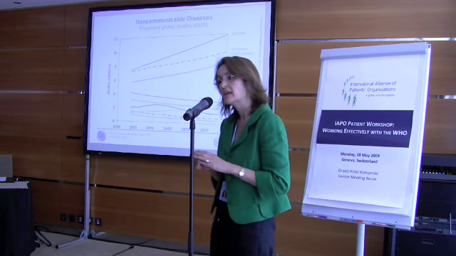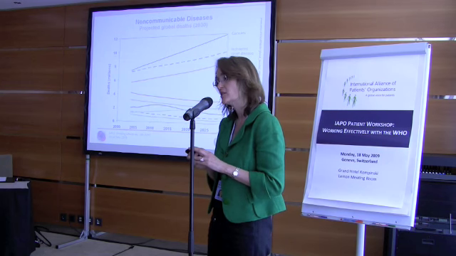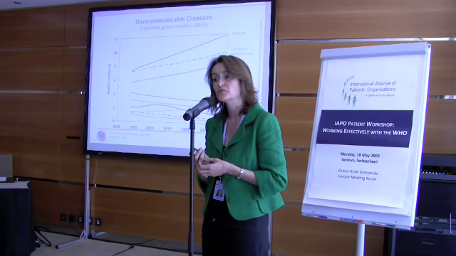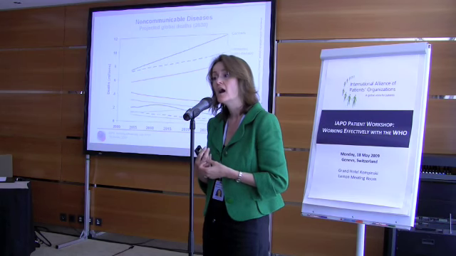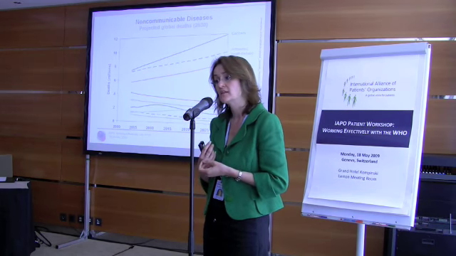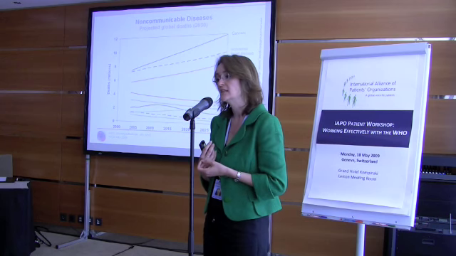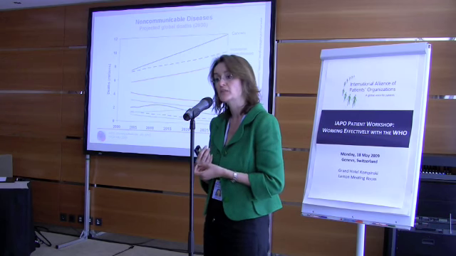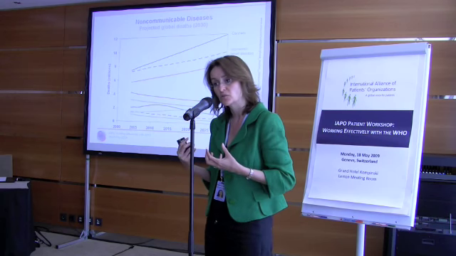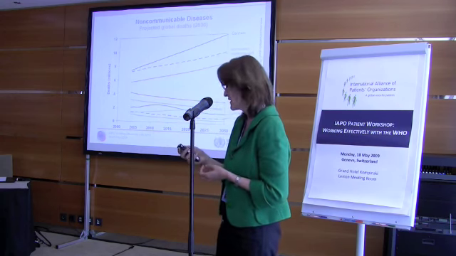In some middle income countries, for example in the Middle East, 60 to 70% of people in communities have obesity. That's going to lead to all sorts of problems with diabetes, which we're already beginning to see.